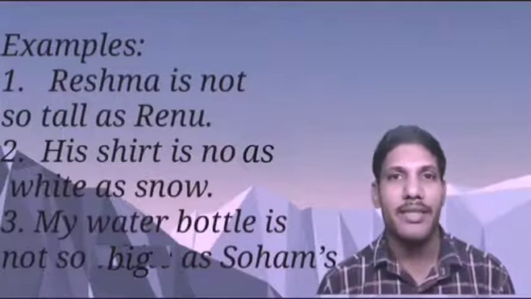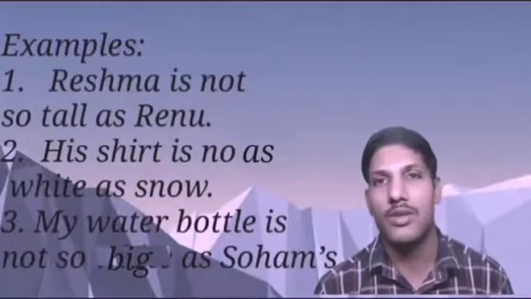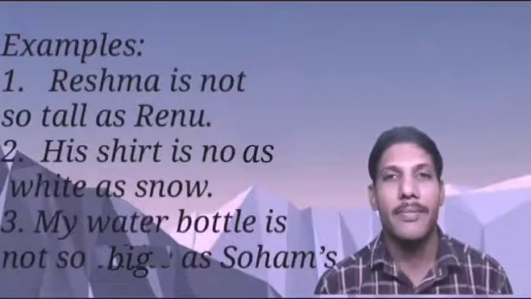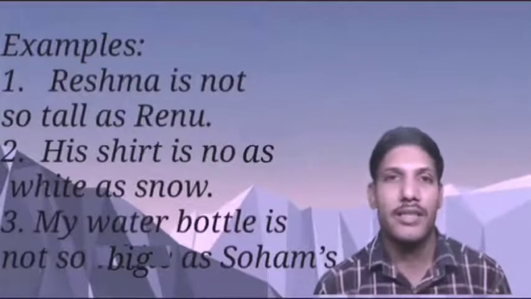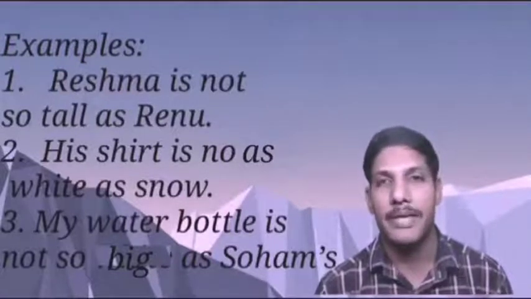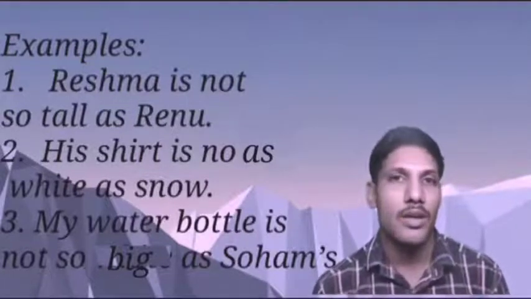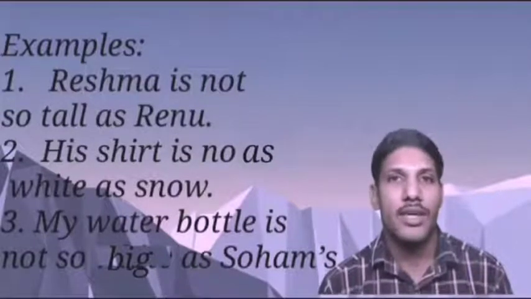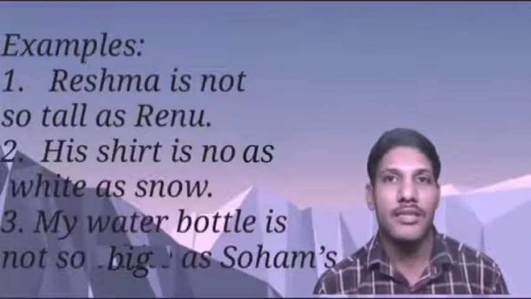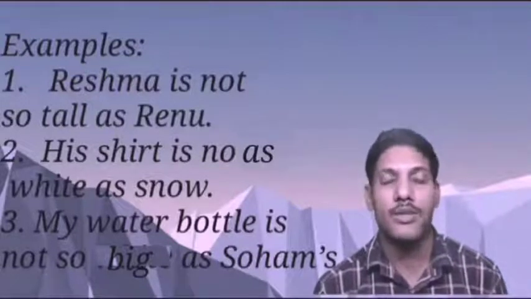The next example is his shirt is not as white as snow. Here, the comparison between the color of the shirt and the color of the snow is made. That is, the whiteness of the shirt is not like that of snow. That is, the shirt is somehow lesser in color than that of the snow.